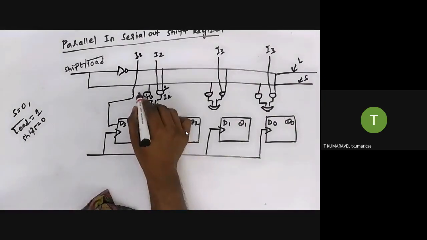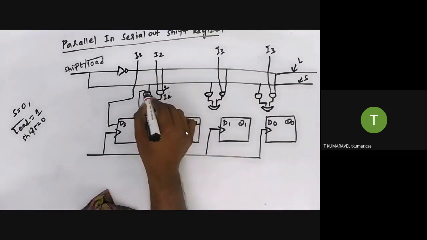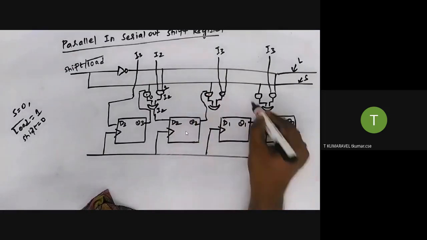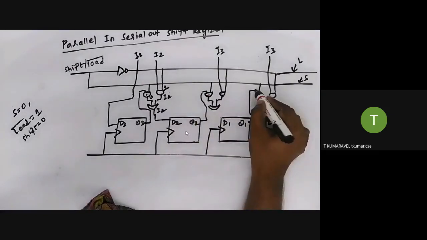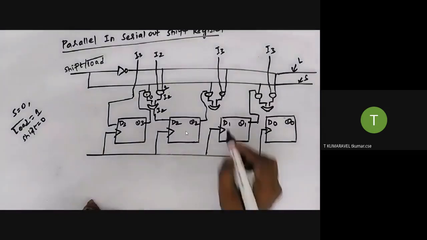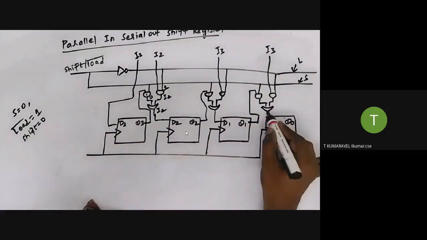The output of the first D flip-flop is the input for this AND. Same procedure for the rest of the cases also. So this is connected here, this is connected here.